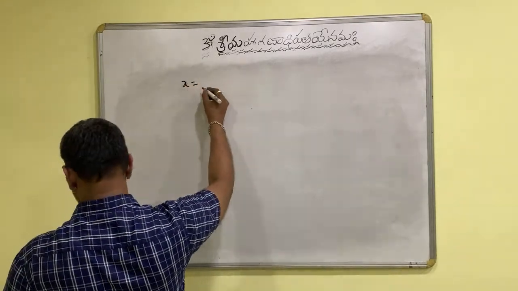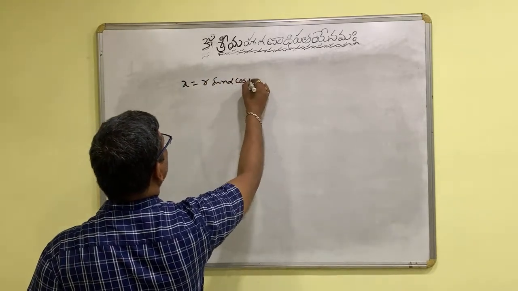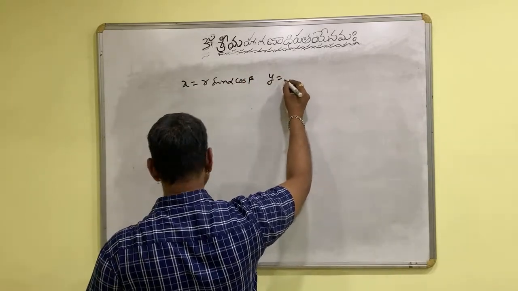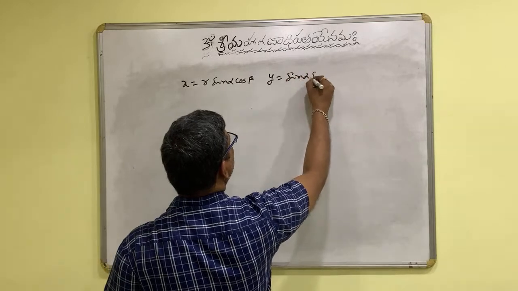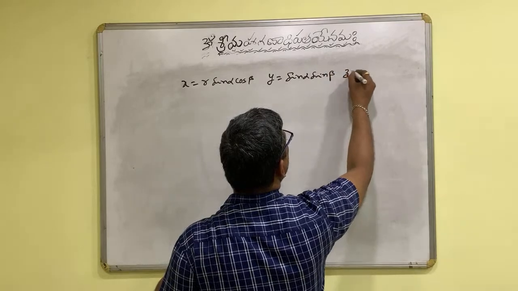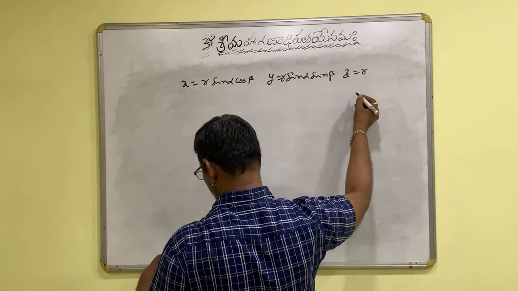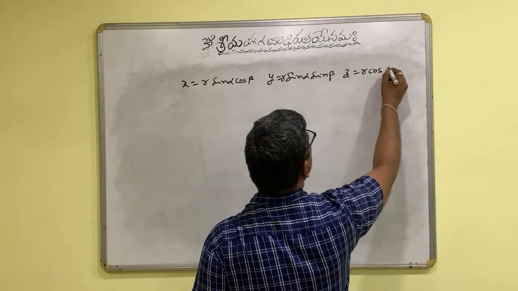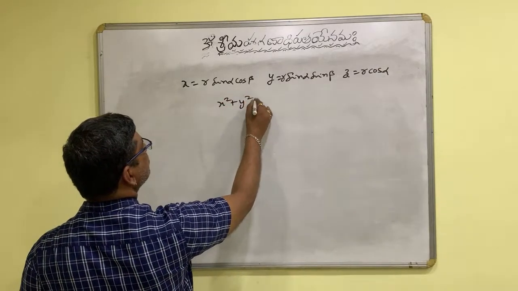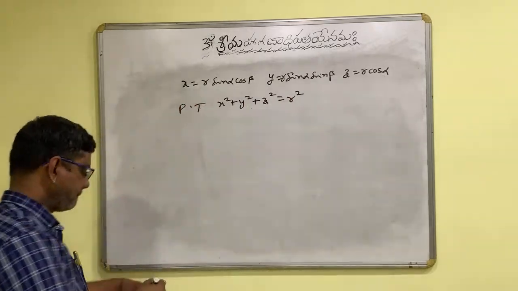X is equal to r sin alpha cos beta. Y is equal to r sin alpha sin beta. Z is equal to r cos alpha, and you have to prove that x square plus y square plus z square is equal to r square.